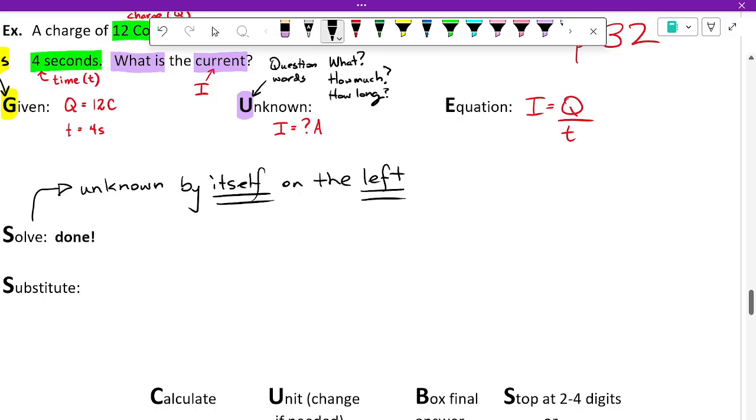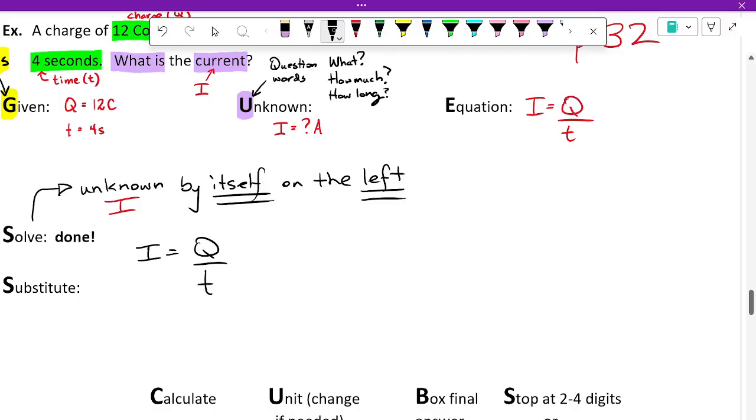And our unknown is I, and we want it by itself on the left. Is it by itself on the left? Yeah, it is. There it is. Okay. And I'm just going to rewrite the equation here. I equals Q over T.